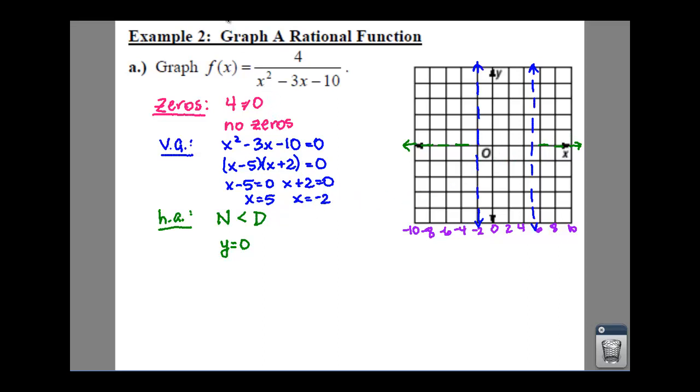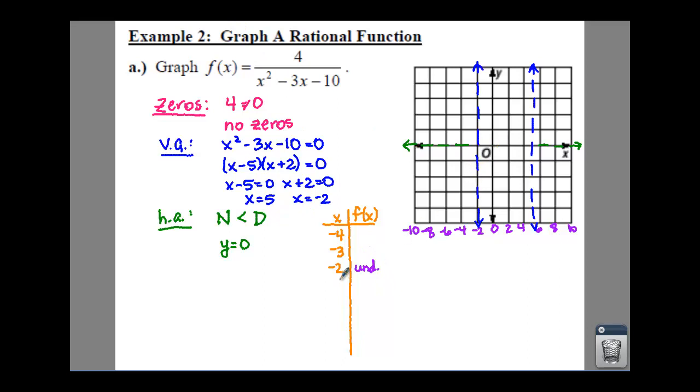So what we have to do is make a table of values, and your table has to include at least 2 points to the left and to the right of each asymptote. Here's your x, here's your f of x. If we have an asymptote at negative 2, we're going to go 2 points to the left: negative 3 and negative 4. If we put a negative 2 in here, that's going to be undefined because that's where you have an asymptote.